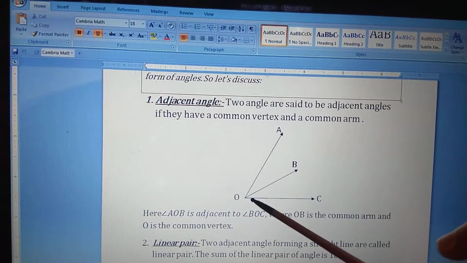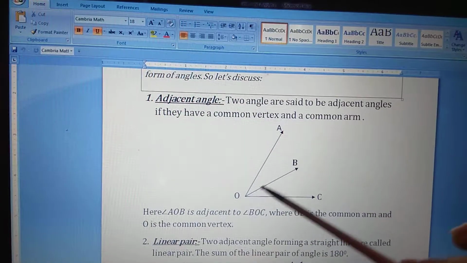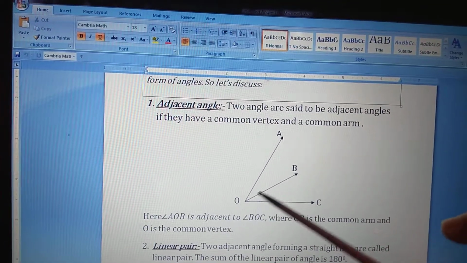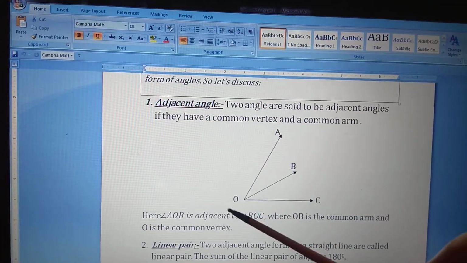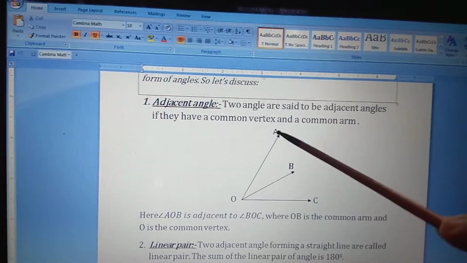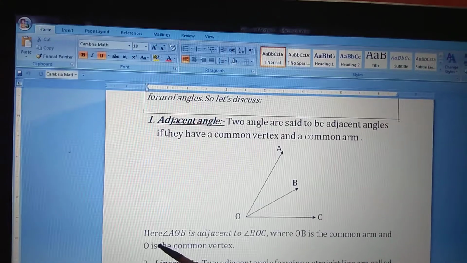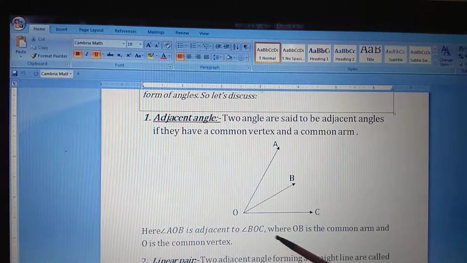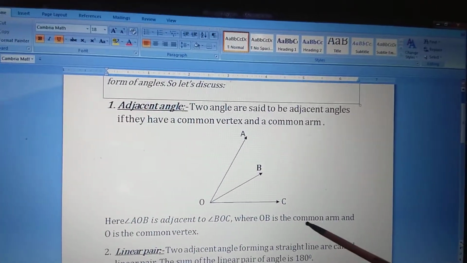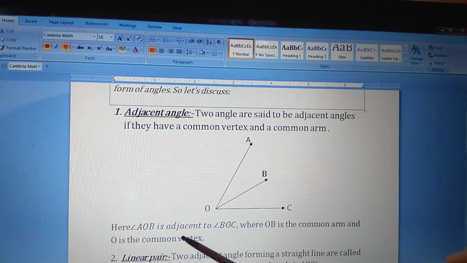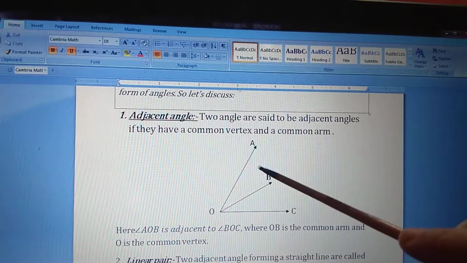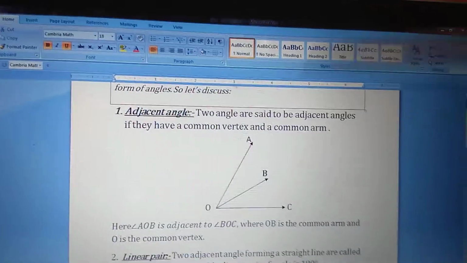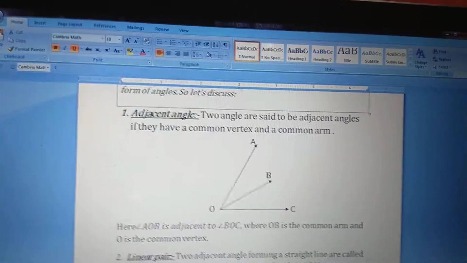Because in both angles, this arm OB is common, and the common vertex here is O. So here I have written, angle AOB is adjacent to angle BOC, where OB is the common arm and O is the common vertex. These types of angles are called adjacent angles. Adjacent, in other words, we can say neighbors also.